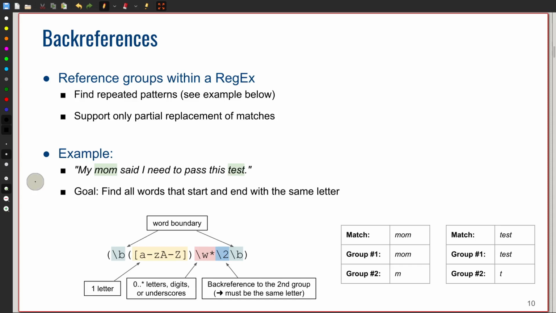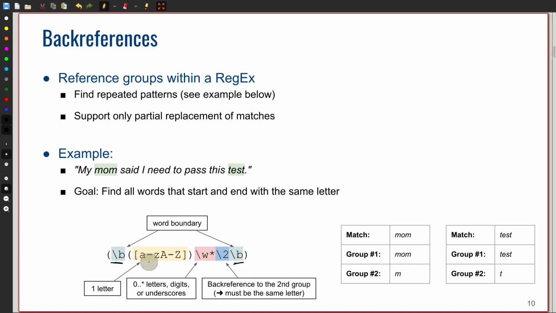And let's say our goal is to find all the words that start and end with the same letter. Here, this is a viable solution that solves this task. So we have first our word boundaries. Usually they are there to make our life easier because we say find all the words, not just arbitrary substrings. It has to be a fixed word. So we use these word boundaries.